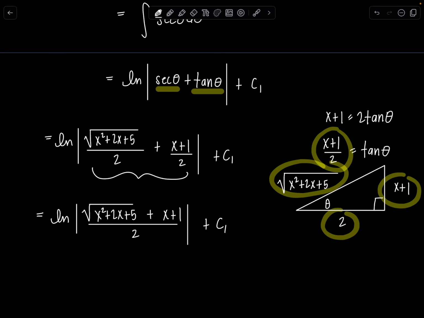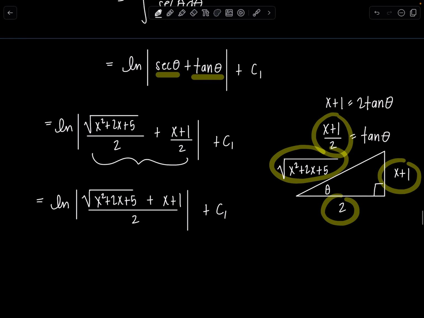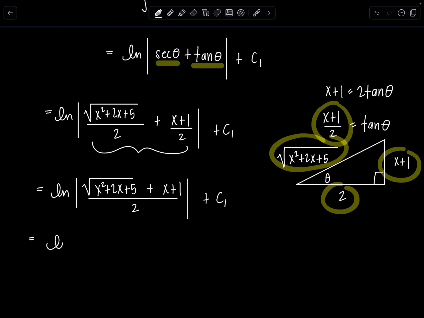And then using our properties of logarithms, I can go ahead and rewrite this as natural log, absolute value, radical x squared plus 2x plus 5 plus x plus 1, minus natural log of 2, plus C1.